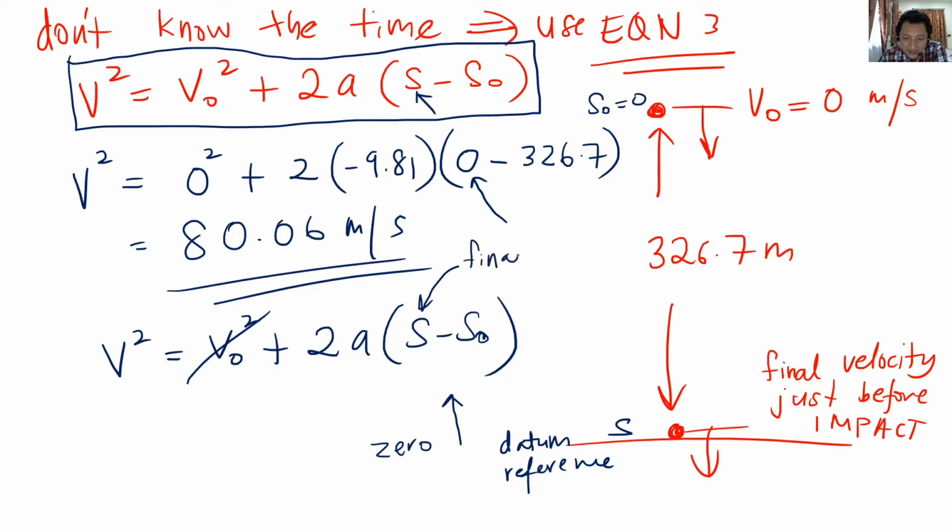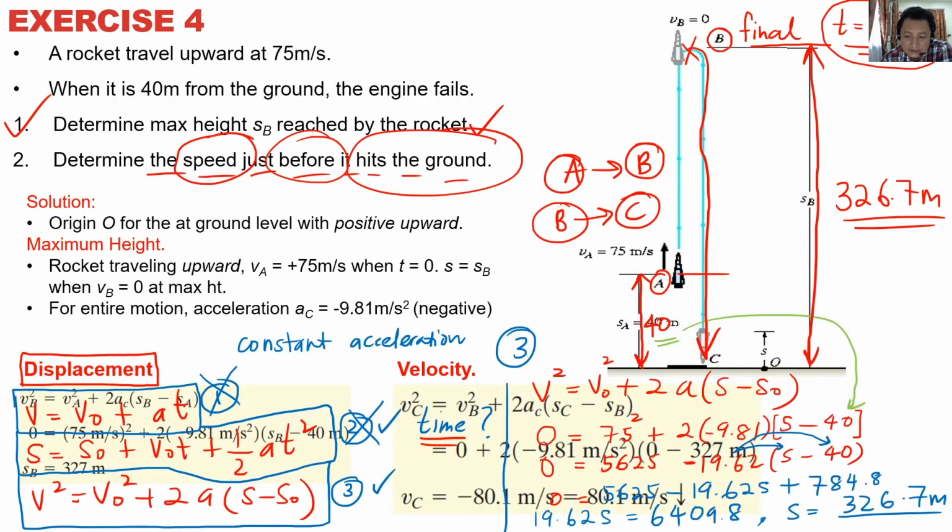This is final displacement. Since it's on the floor, put it as 0 lah. That's why we get a negative value and dia jadi positive balik. And final dapat 80 meter per second. So let's check it out. Total jawapan. Yeah, it's actually negative 80.1. Depends on how you calculate. 80.1 meter per second.